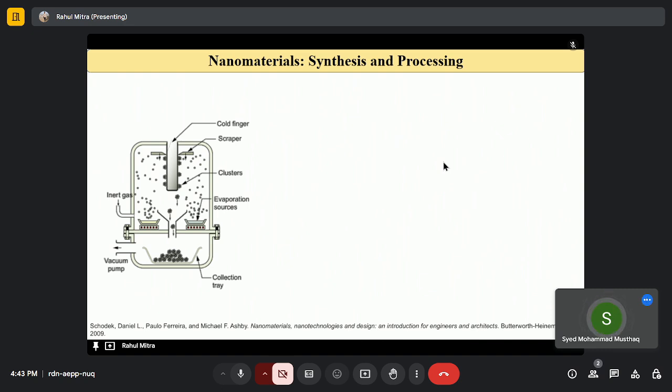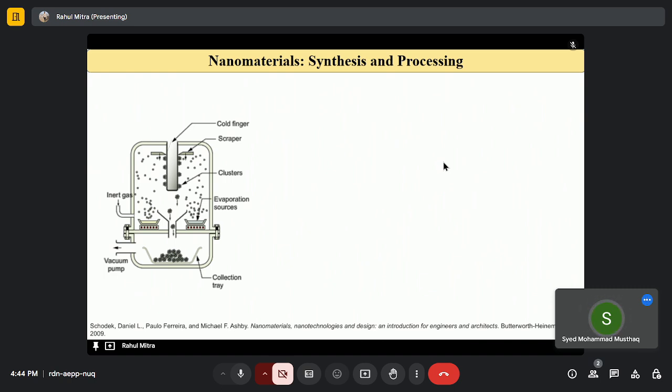If we are talking about 0-dimensional nanomaterials, all the dimensions are in nanoscale. For 1-dimensional nanomaterials, 1 dimension is not in nanoscale, for 2-dimensional nanomaterials, 2 dimensions are not in nanoscale, and for 3-dimensional nanomaterials, all 3 dimensions are not in nanoscale.